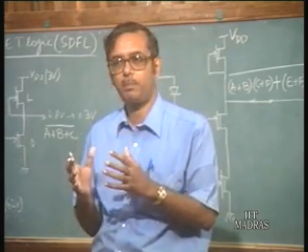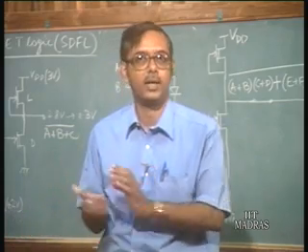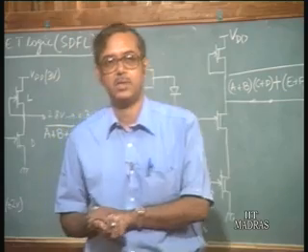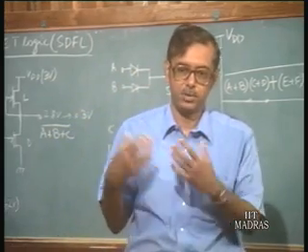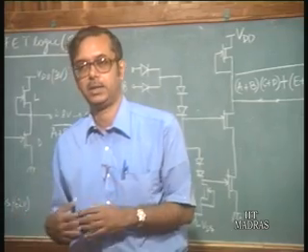They are also quite compact, especially the direct coupled FET logic, in the sense you require very few transistors. But you have to pay for it in terms of improved technology, because you must be able to fabricate both enhancement mode and depletion mode transistors simultaneously.